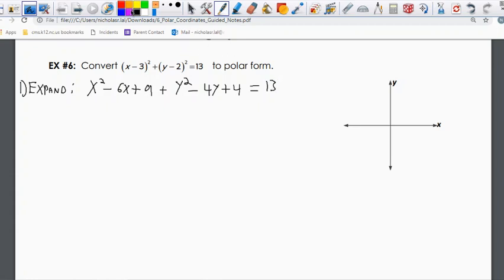We should then be able to subtract 9 and subtract 4 from both sides. That means that the 9 will cancel out, the 4 will cancel out, and 13 minus 9 is 4, minus 4 is 0. So we will be left with x squared minus 6x plus y squared minus 4y is equal to 0.